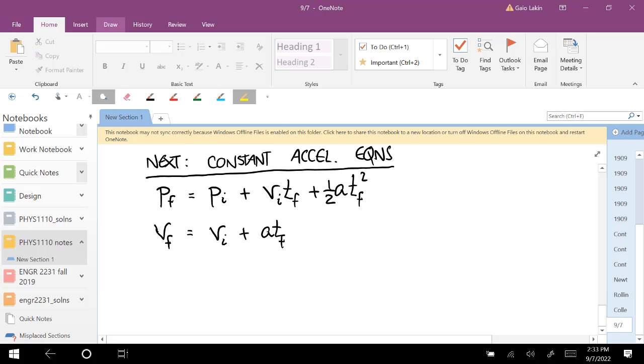And the third one said 2A times the quantity P final minus P initial is equal to V final squared minus V initial squared.